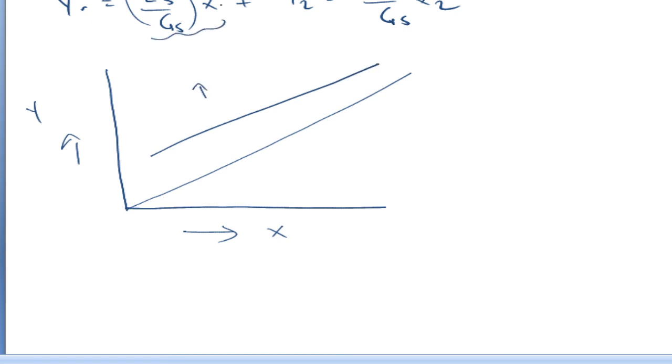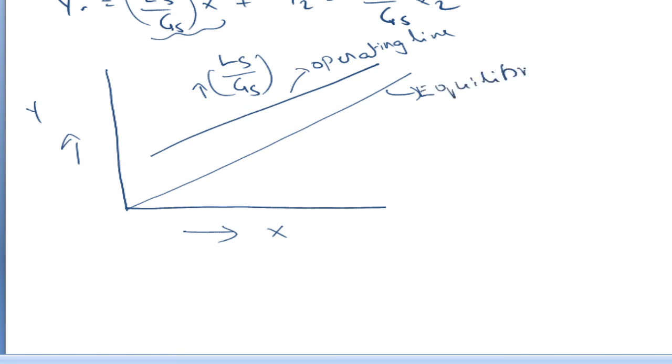Y is equal to mx plus c, so the slope is LS by GS. This denotes the equation for the operating line. And this is the equilibrium line, equilibrium data. Equilibrium curve you can say, because it is not completely straight.